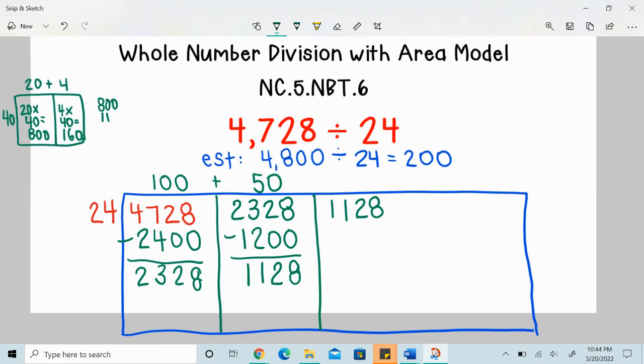So I can see that 24 times 40 would give me 960, which I can definitely subtract from 1,128. So my next partial quotient will be 40. So 40 times 24 gives me 960 to subtract.